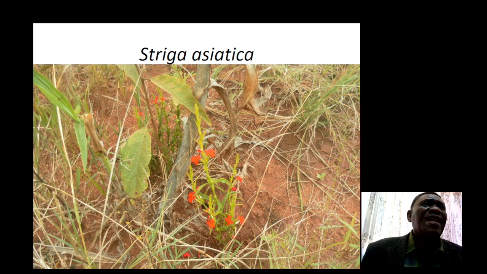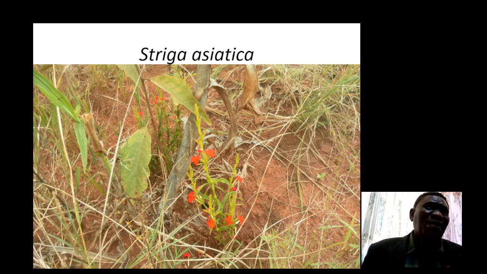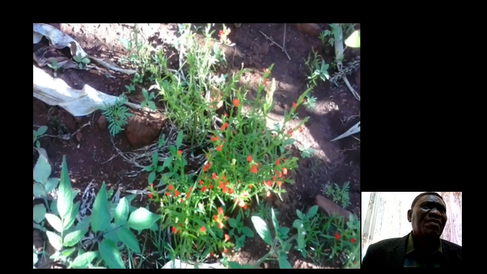Here we've got an example of a parasitic weed, Striga asiatica, attached to grasses. Striga asiatica attached to maize in a field. This is actually in Gokwe.